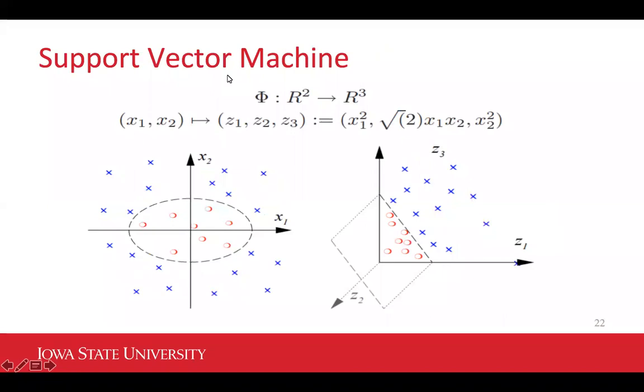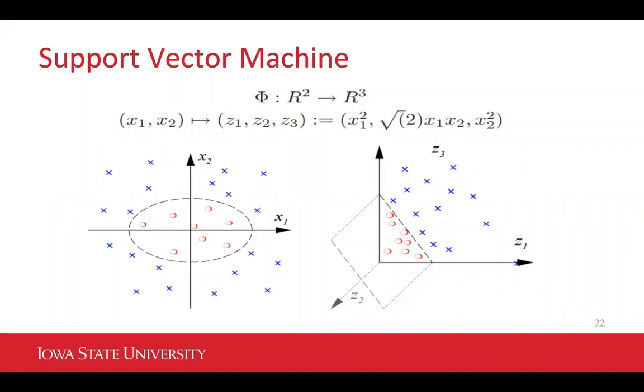Okay, so support vector machine. Support vector machine is actually quite mathematically involved, but the idea is very similar to linear discriminant analysis. In some cases, we cannot separate two classes by a linear line or by a quadratic line.